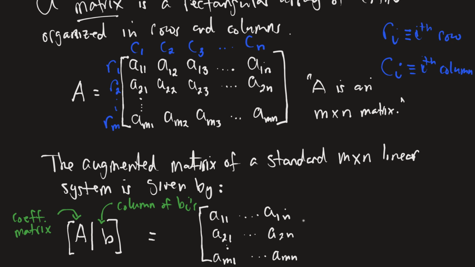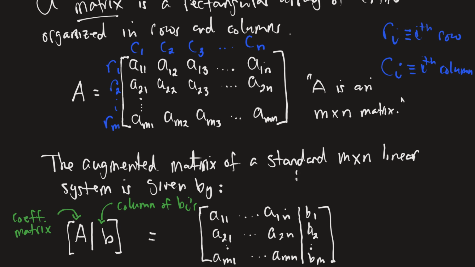Sometimes you might see this notation, a vertical line, to really show the separation between the coefficients on the left and the constants on the right. And you'll see b2, and then dot, dot, dot, bm. You might see it like that.